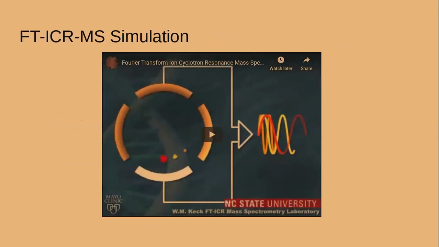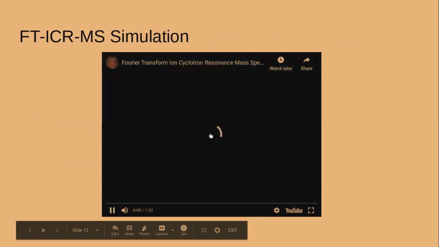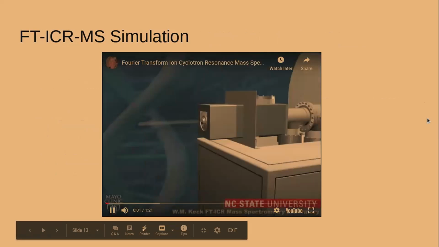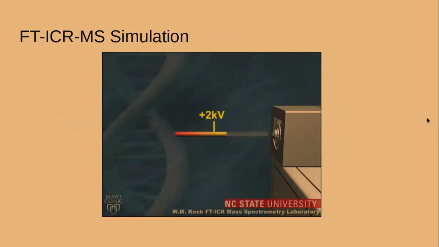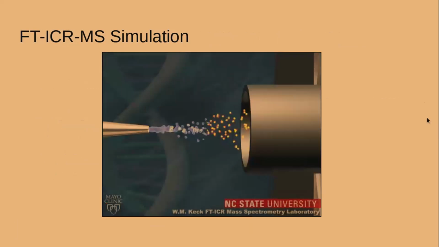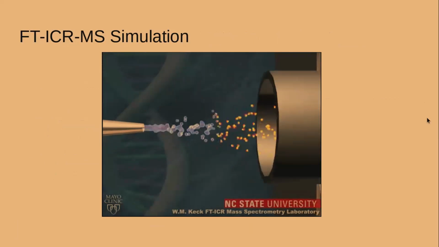And then this is another simulation, but I think it will help you put all the pieces together and see how the instrument functions as a whole. And there's no sound, so don't be surprised if you can't hear anything. I'm assuming they use electrospray ionization just by looking at it.